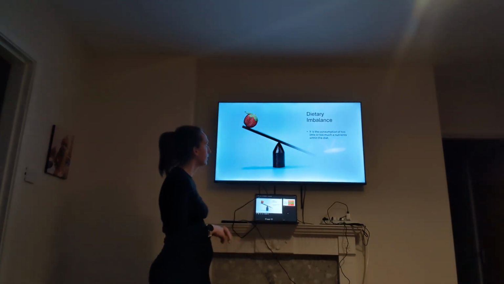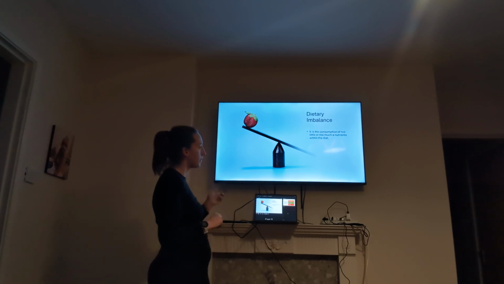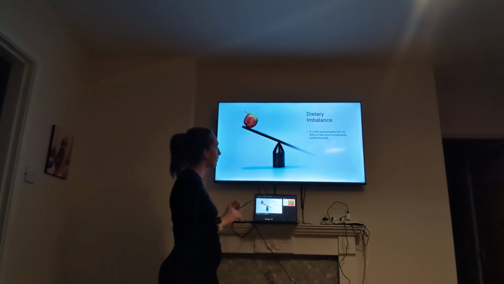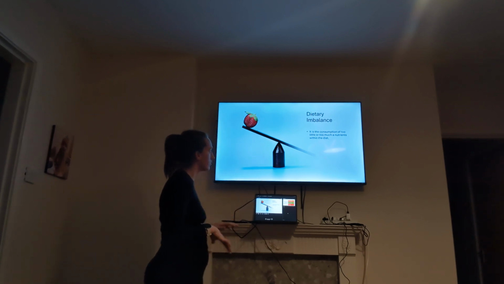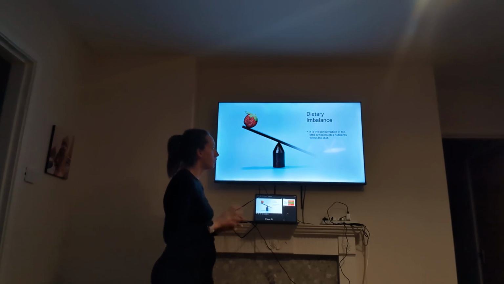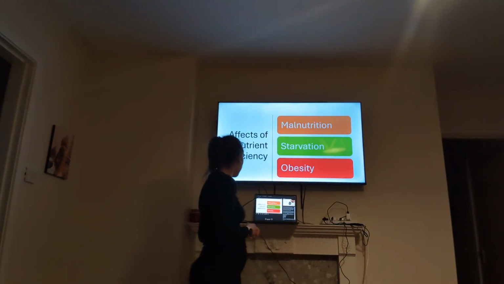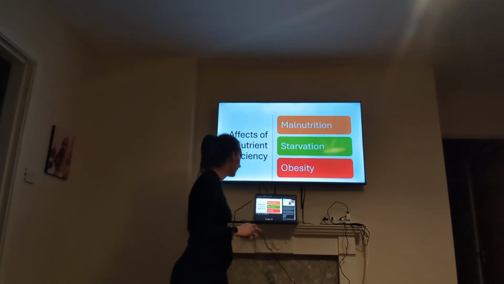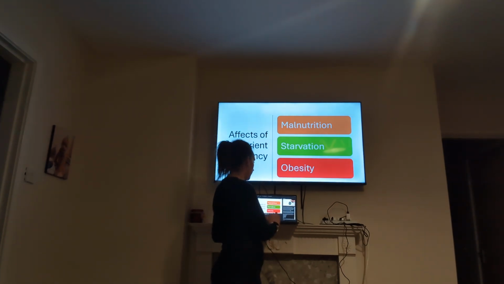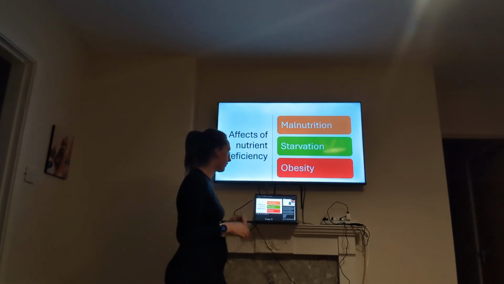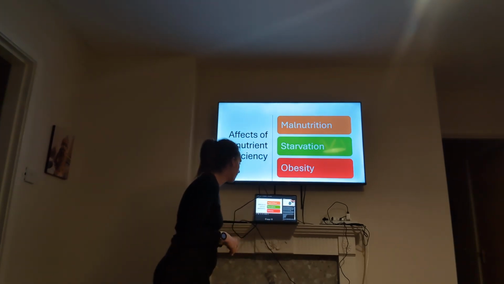Dietary imbalances. If you don't have the right nutrients within a diet, or too much, it can cause some imbalances. So you've got malnutrition, starvation, and obesity. Malnutrition is when there are not enough nutrients for the body to function.